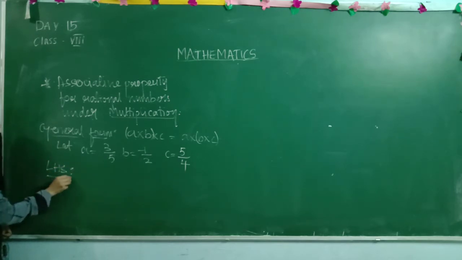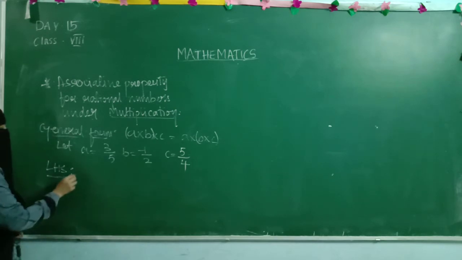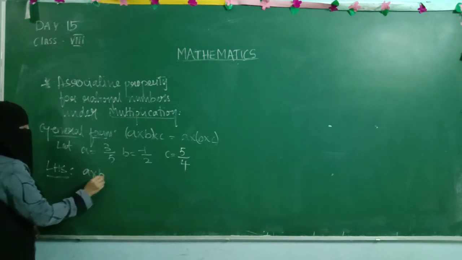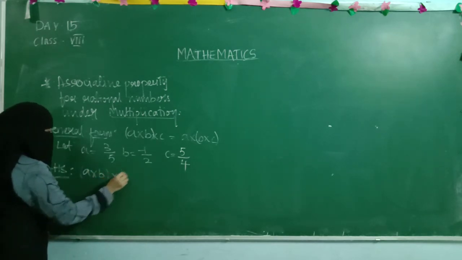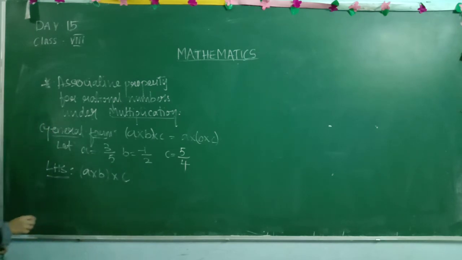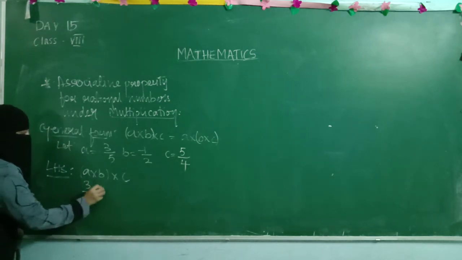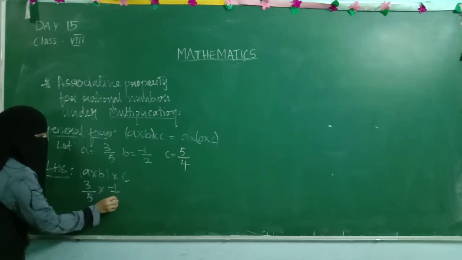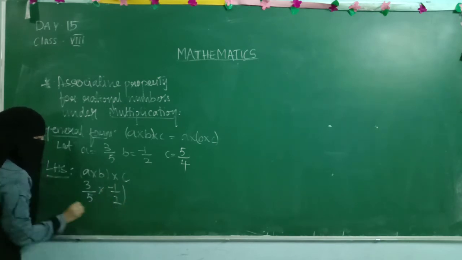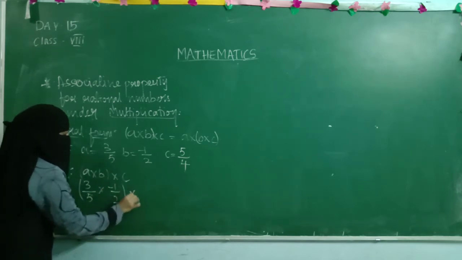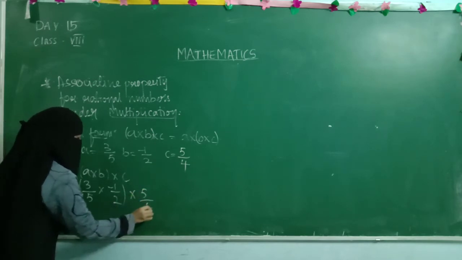What is LHS? Left hand side, and the condition is A into B of C. Now we substitute the rational numbers: A is 3 over 5 into minus 1 over 2, we are giving the bracket, and into 5 by 4.